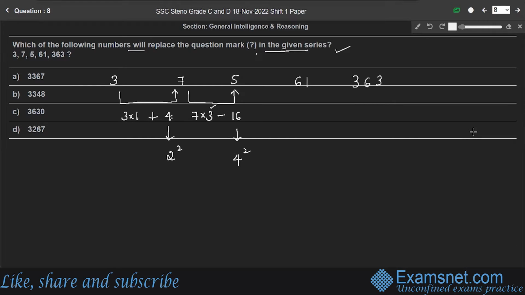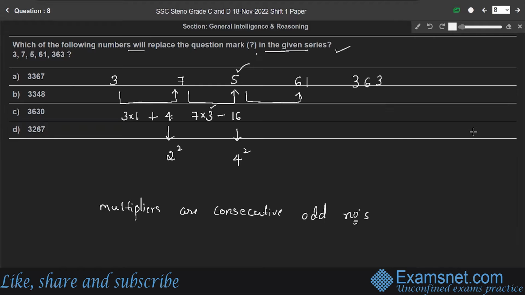Here 3 into 1, these multipliers are consecutive odd numbers, right? So to get the next number, here 7 into 3, 21 minus 16, gives you the next number which is 5.